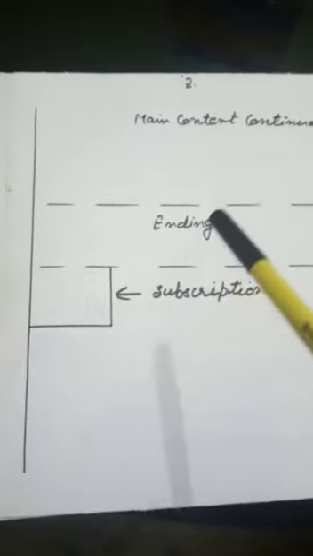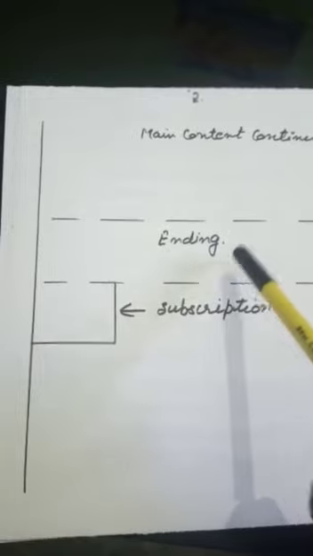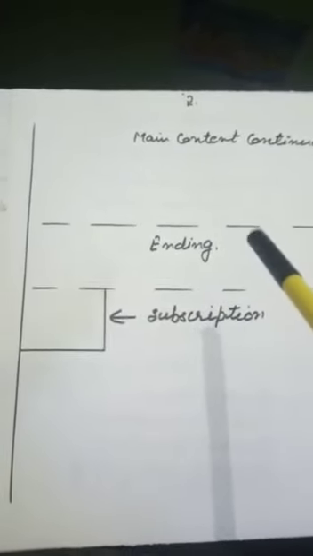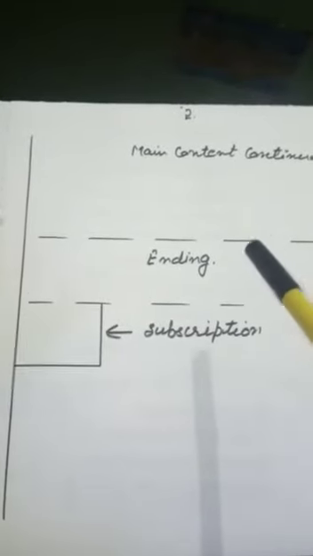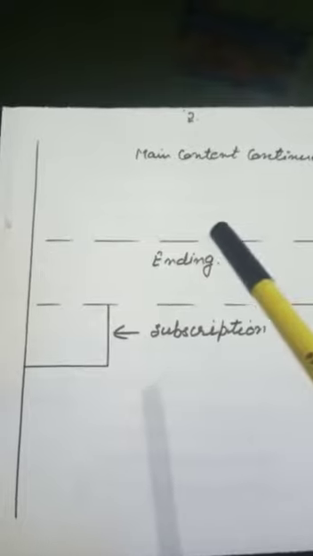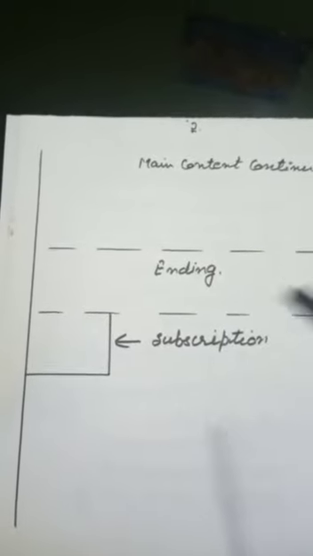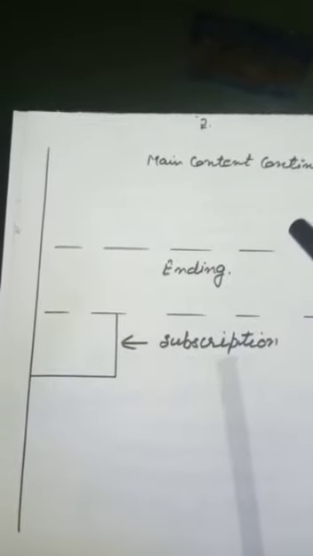Then we come to paragraph 3, that is the ending or complimentary ending of a letter. A letter should be ended in a very congenial way, a kind of request or appeal, or you want to say anything that comments on the nutshell of your letter. That means the ending will be a different paragraph.